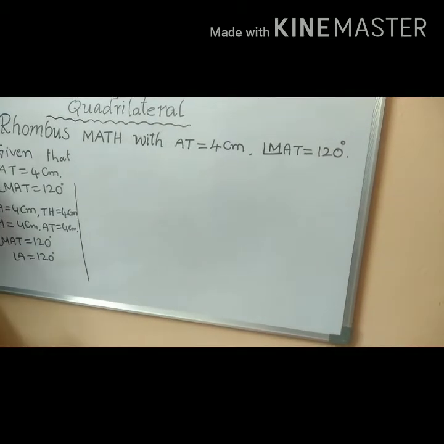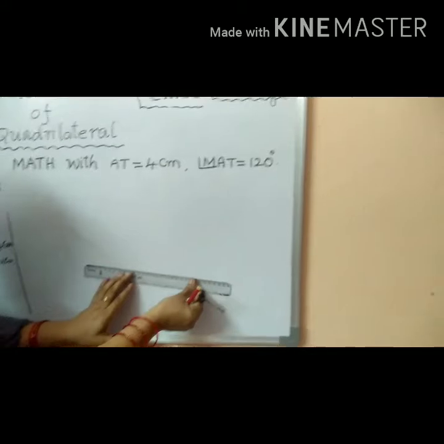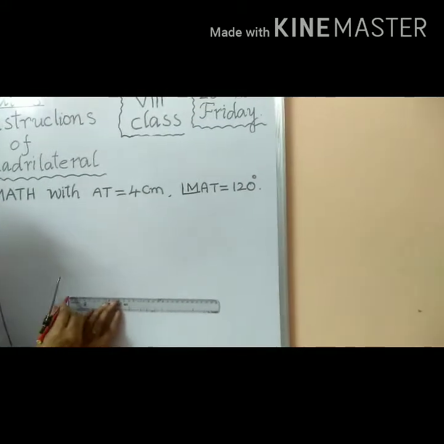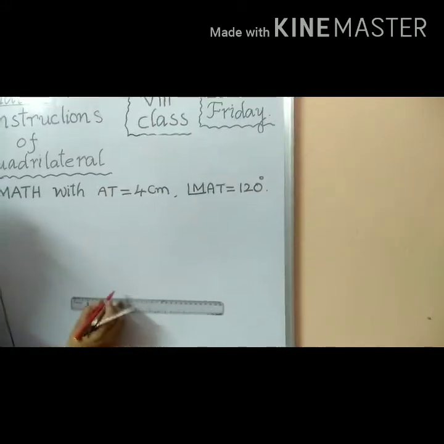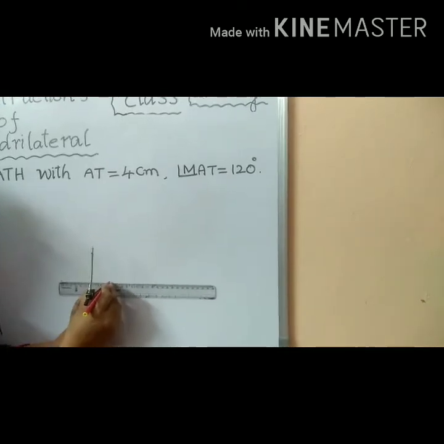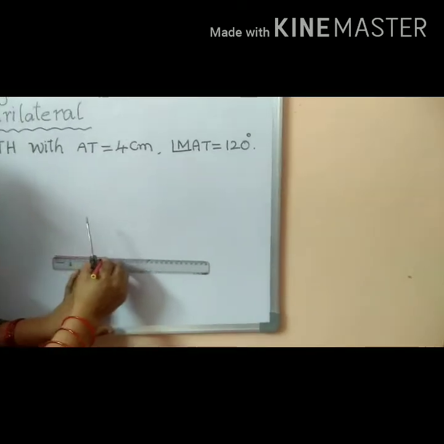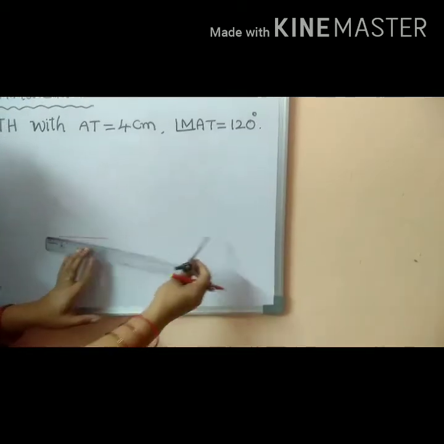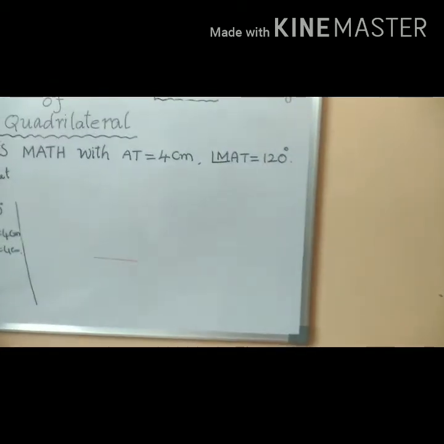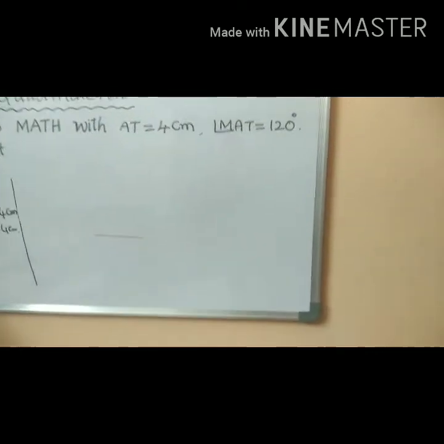Then take the measurement with the help of the scale and mark the points from 0 to 4 centimeters. I take a bit more because 4 centimeters would make the diagram very small, but you have to take 4 centimeters.